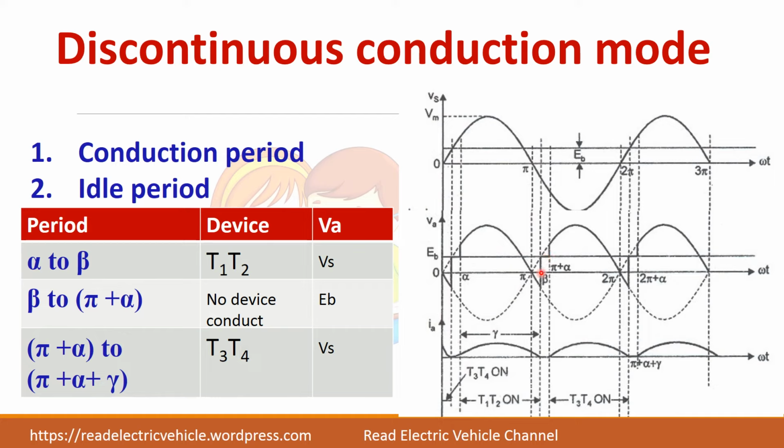When you give the gate pulse at pi plus alpha, again the T3 plus T4 devices will conduct till beta, and after that there will be a short period for which current will become 0. So two periods will be there: one is the conduction period and the other is the idle period where the armature current is 0.